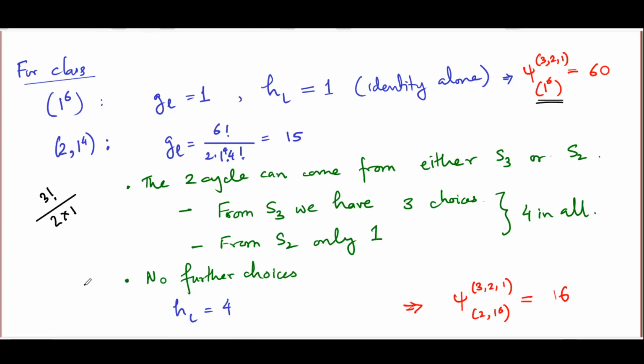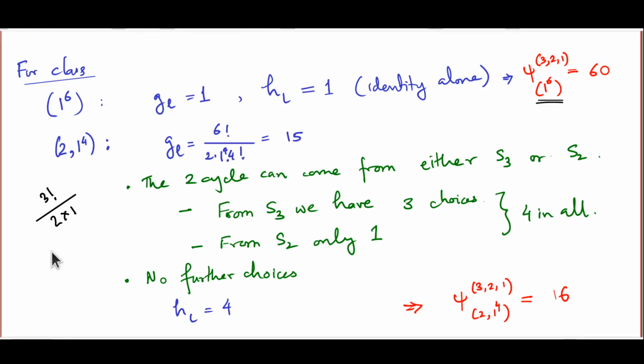And because HL is 4 and GL is 15, our character value for psi upper 3 to 1, remember once again that's the partition, and suffix 2 1 to the 4, which is the class label, must be 60 divided by 15 into 4, namely 16.